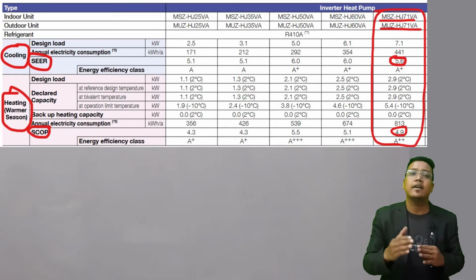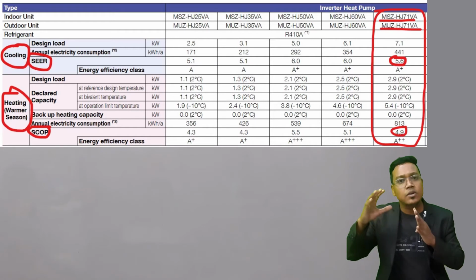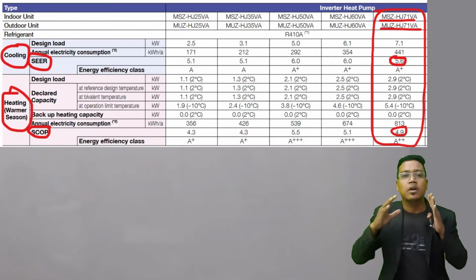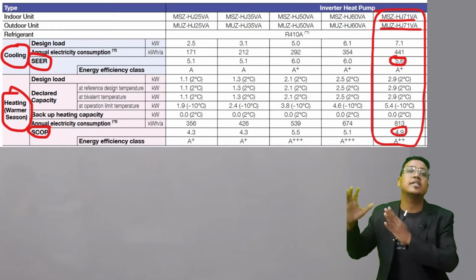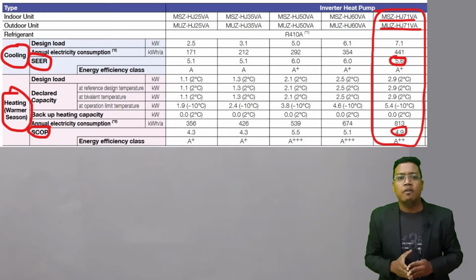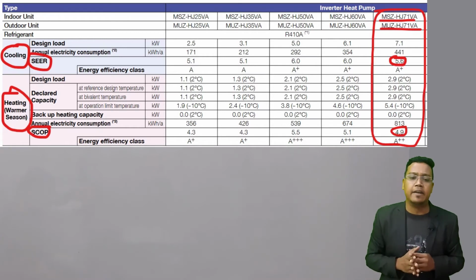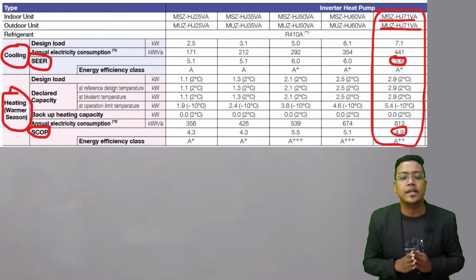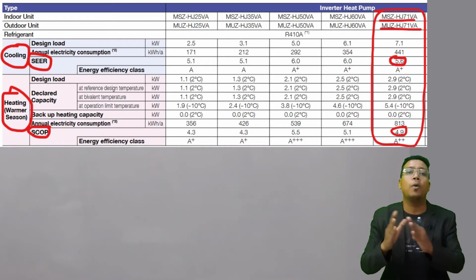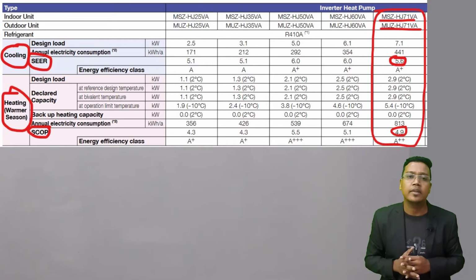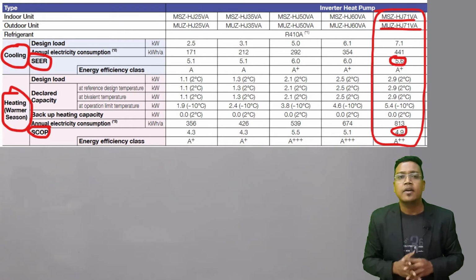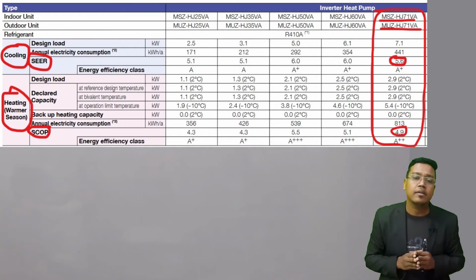And SEER is considered for a season, for a longer duration, like the completely summer season. Okay, that is the difference. And further, you can see heating or warmer season. For heating, there is SCOP, seasonal coefficient of performance. It has the same meaning.